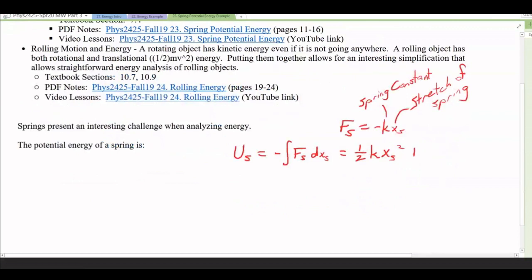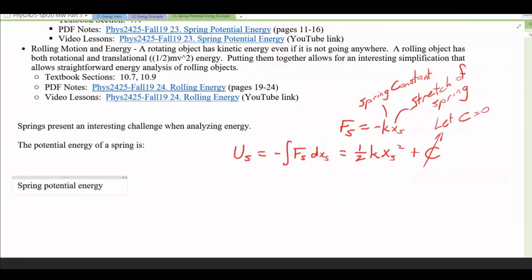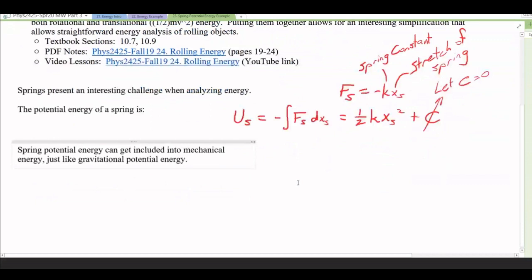And technically, with any indefinite integral, there's a plus c at the end, but we just let c equals 0, and then we don't have to worry about it anymore. And how do we use this? Spring energy gets included as part of the overall mechanical energy of our object, just like gravity does.